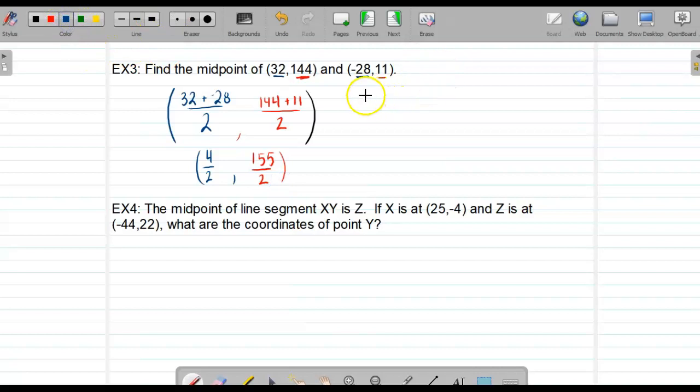And so 4 divided by 2 is pretty easy. That is 2. 155 divided by 2, 77.5. So this is our answer right here, 2, 77.5.